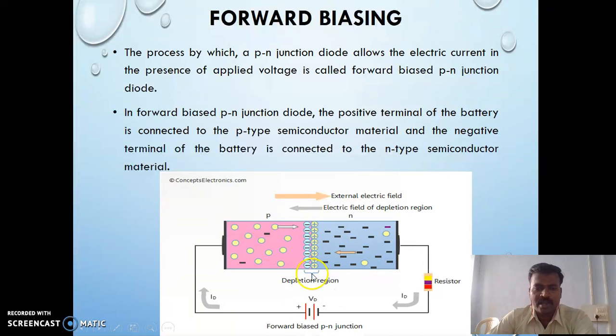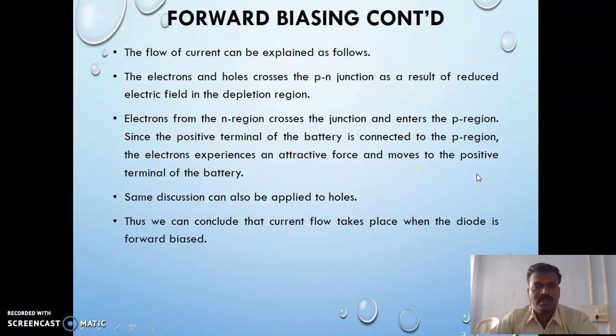While the voltage is applied from this battery, the electrons are attracted by the positive terminal of the battery and the holes are attracted by the negative terminal of the battery. That is, the electrons move from the N-type region to the P-type region and the holes move from the P-type region to the N-type region. Thus we can conclude that current flow takes place when the diode is forward biased.